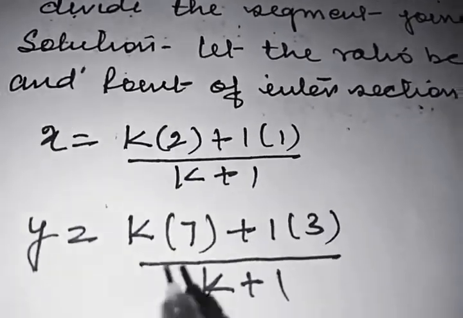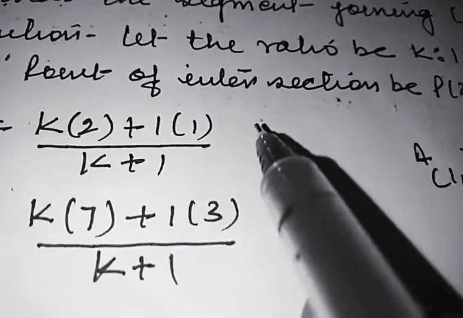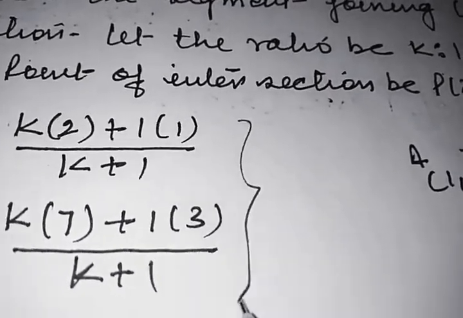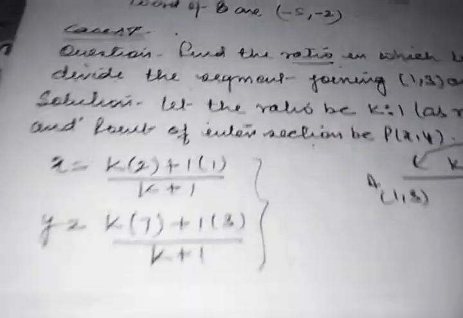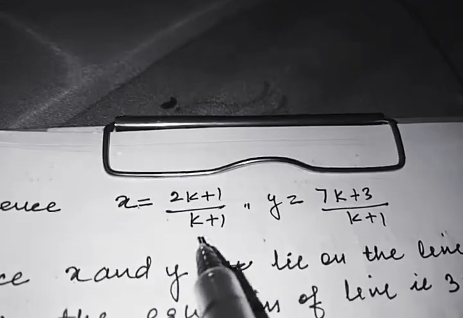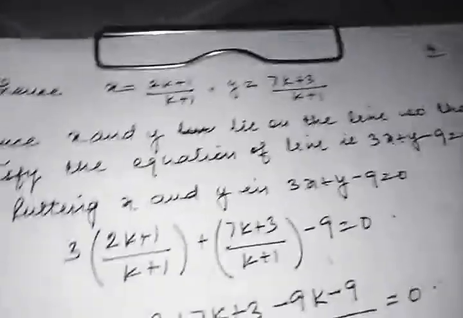And similarly, y will be this. So these are the point x, y. So we have x equal to this and y equal to this.